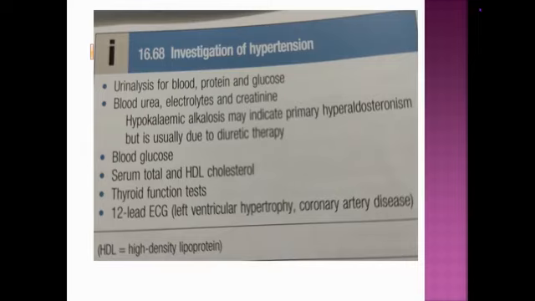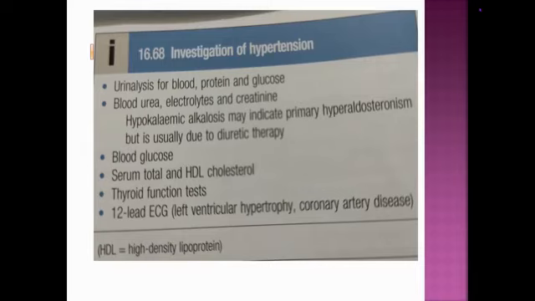Fasting lipid profile contains four components: serum total cholesterol, high density lipoprotein, low density lipoprotein, and triglyceride. It should be done in the fasting state, at least an 8-hour fast. The best is an overnight fast, and the patient will give the blood sample early in the morning before breakfast.